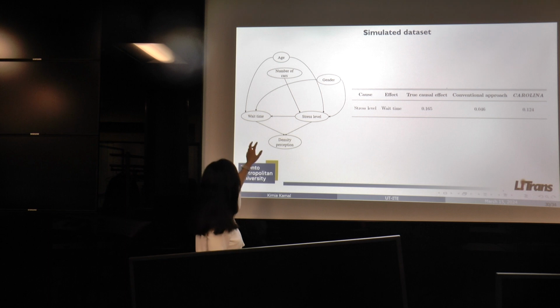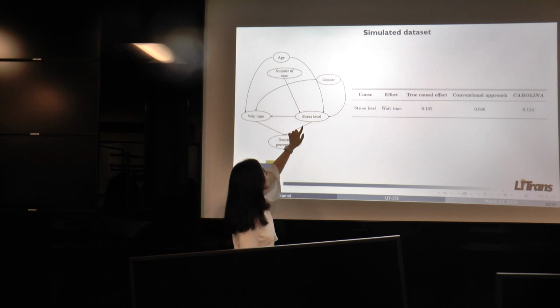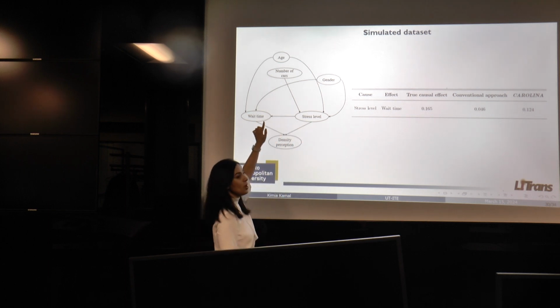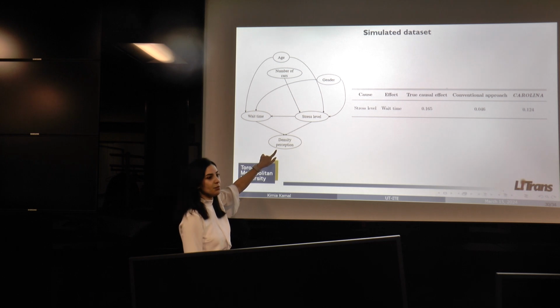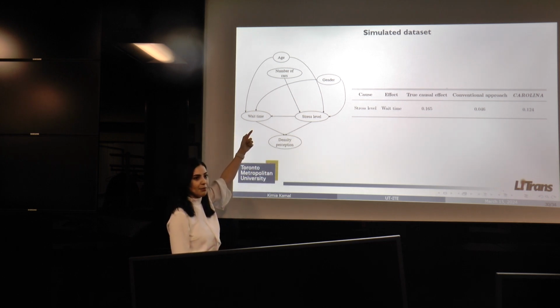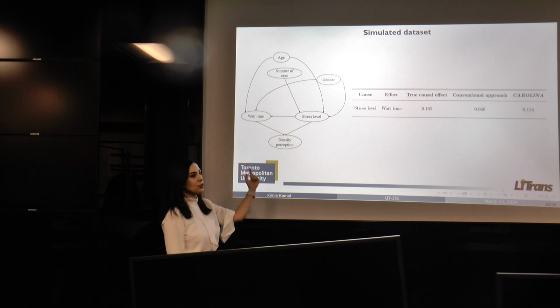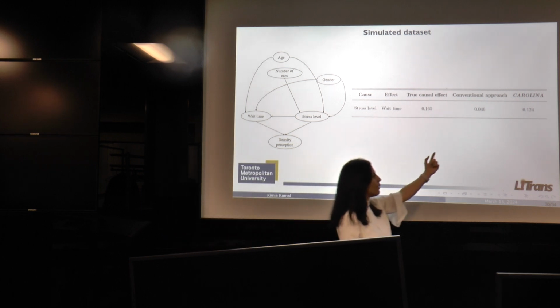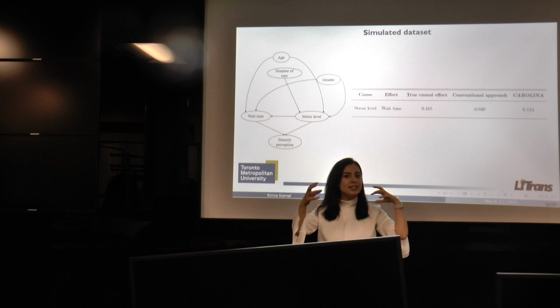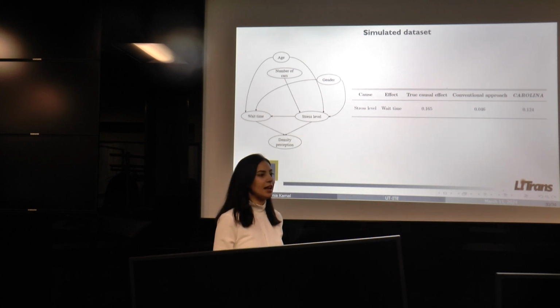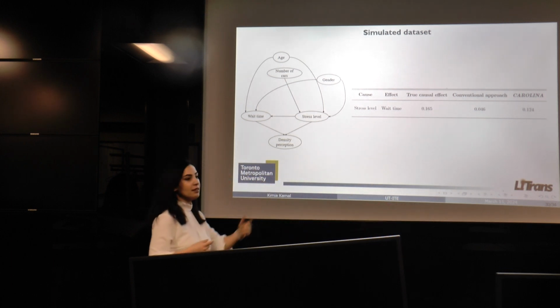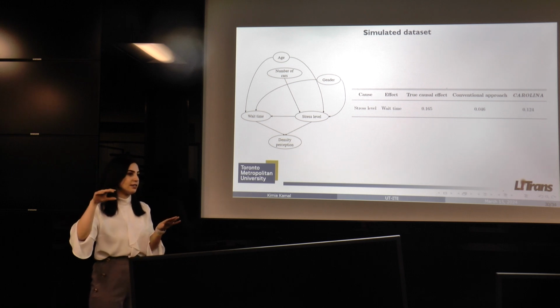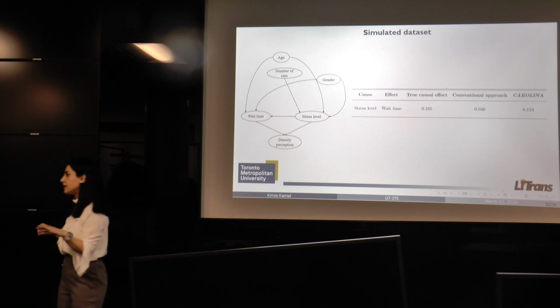Because once we want to measure the effect of stress level on waiting time, by conditioning on the density perception, we create another path between these two variables. And so in the conventional approach, we are measuring the combination of the causal and non-causal path. But in Carolina, we isolate the non-causal path completely.